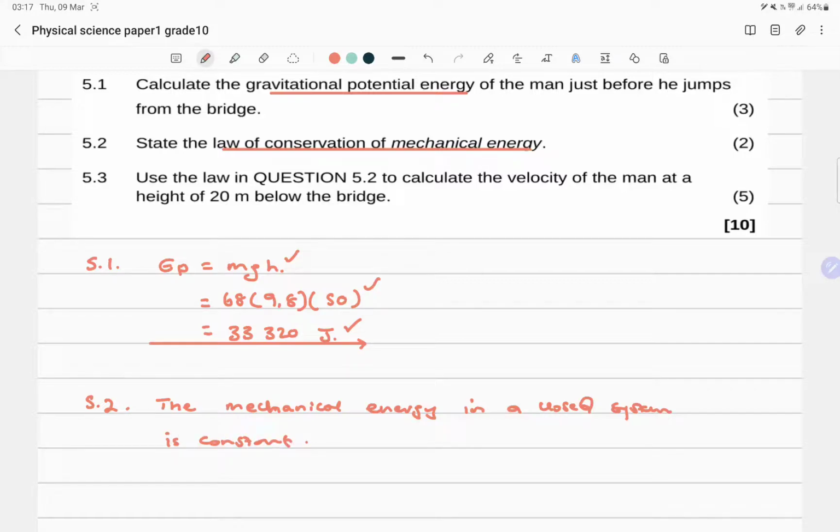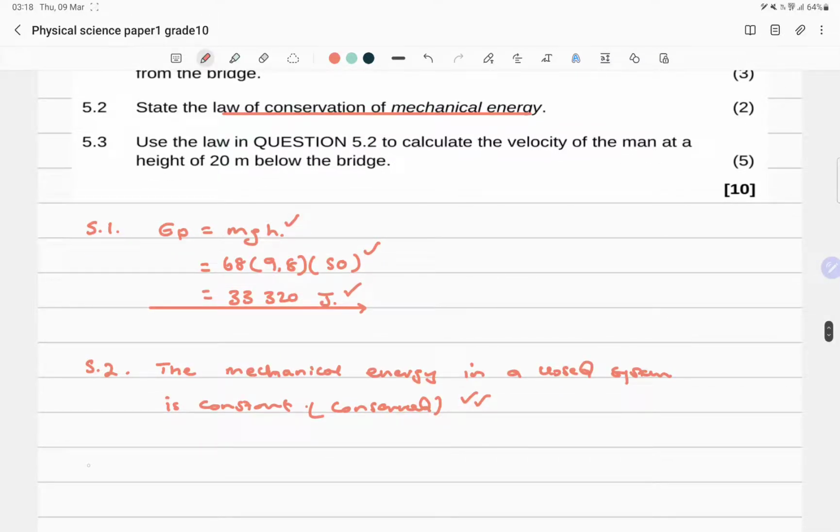Or sometimes you can use the word conserved. Or remains the same. Plenty of ways of saying the same thing, and it's all allowed. Okay? Easy textbook work, so you should make sure definitions are read and understood.